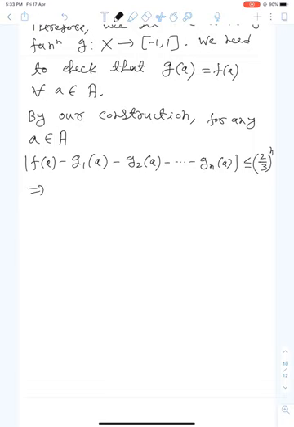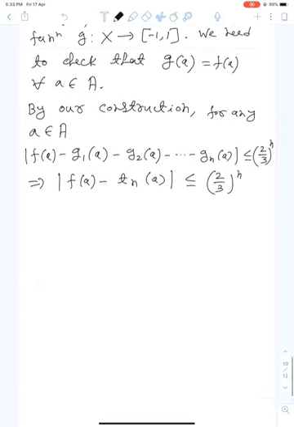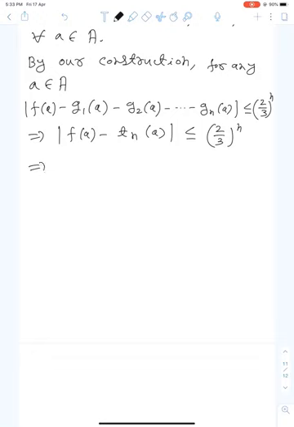So that implies |f(a) - T_n(a)| is less than or equal to (2/3)^n. So that implies T_n(a) converges to f(a), right, for each a.